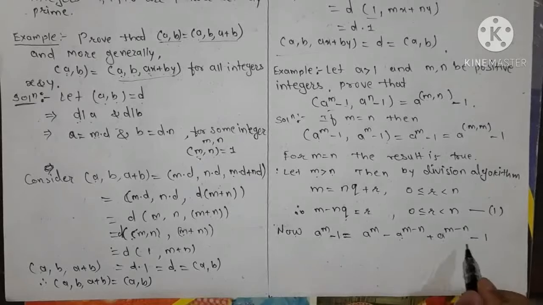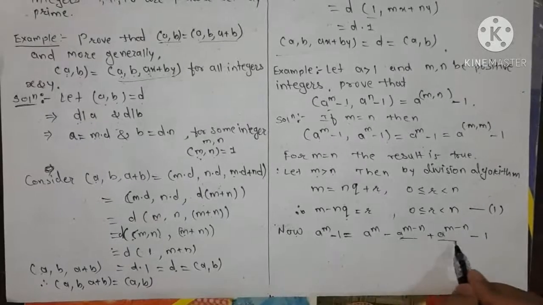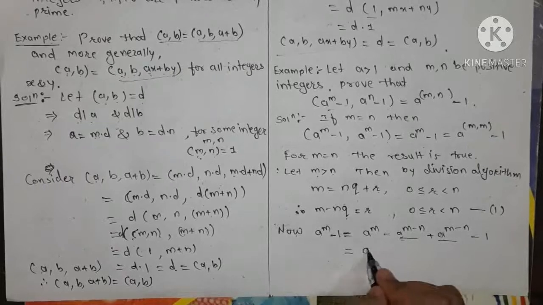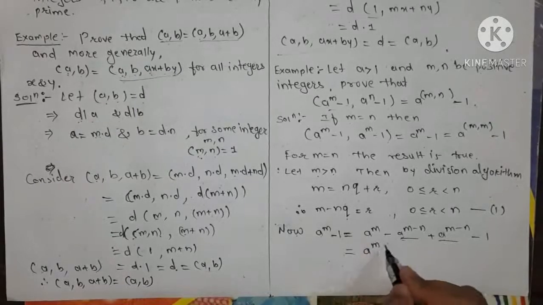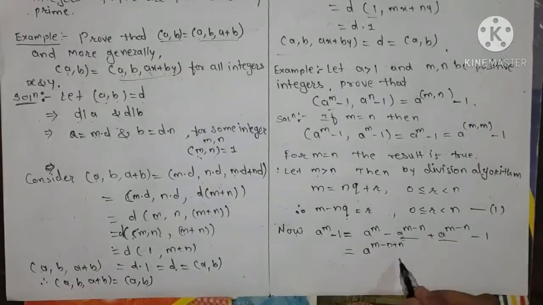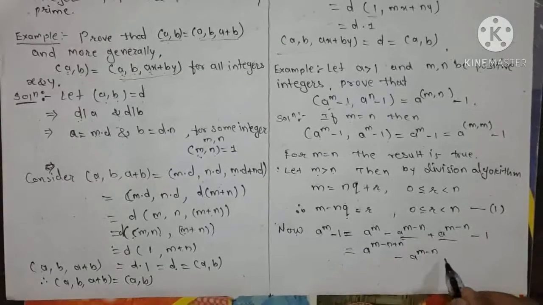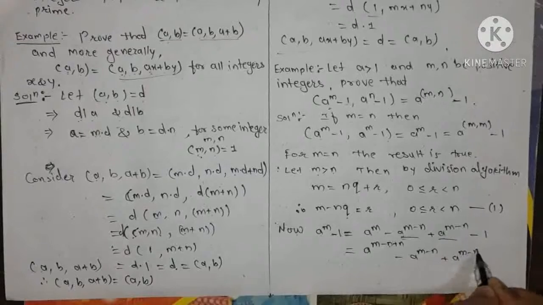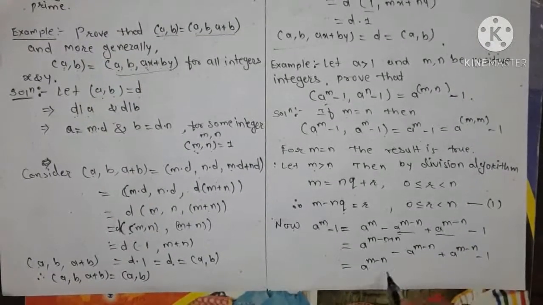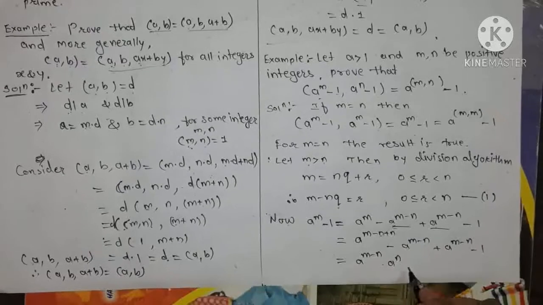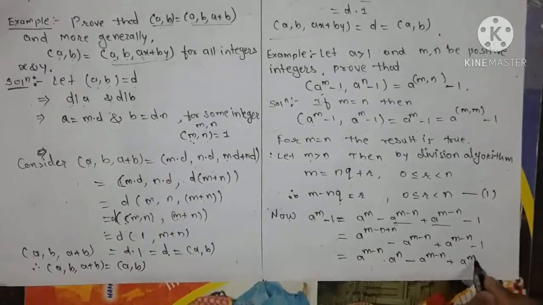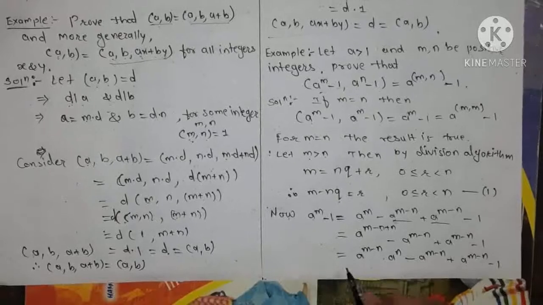So we see firstly the theorem and then I will explain it again to clear the idea. We are adding and subtracting this term here. We write a to the power m as a to the power m minus n plus n, minus a to the power m minus n, plus a to the power m minus n minus 1, which can be written as a to the power m minus n into a to the power n, minus a to the power m minus n, plus a to the power m minus n minus 1.